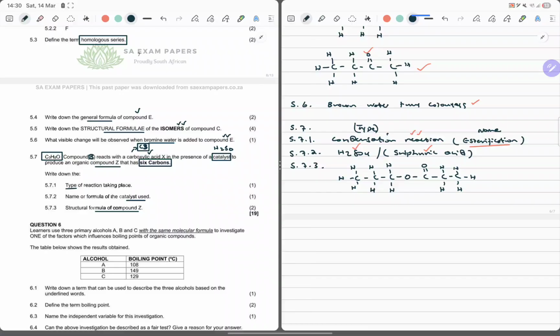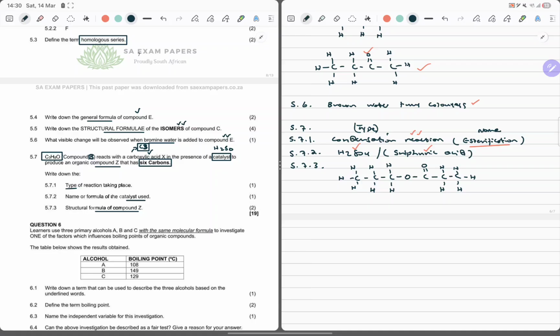So the name may even be asked. It's propyl propanoate because we reacted propanoic acid with a primary alcohol, which was propanol. But of course we can say propan-1-ol or 1-propanol. If you just say propanol, you are dead because you're not telling us where that hydroxyl group is.